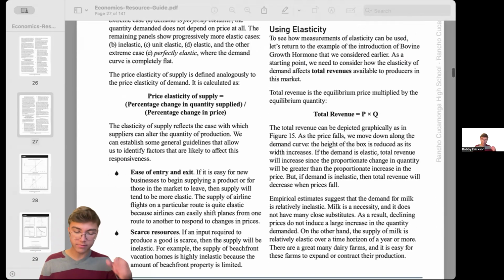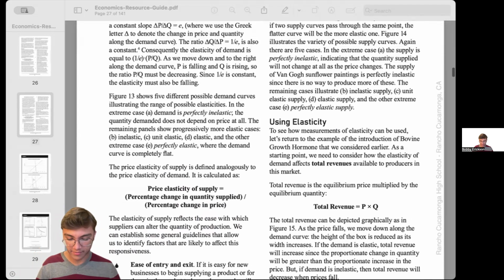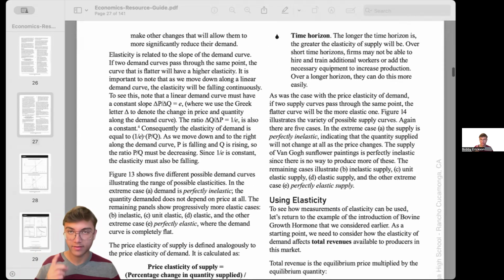Notice these are different from the price elasticity of demand, which, can you recall them? Once again, we had time horizon, we had market definition. Can you complete a couple others? I'll give you a little bit of time to think here.